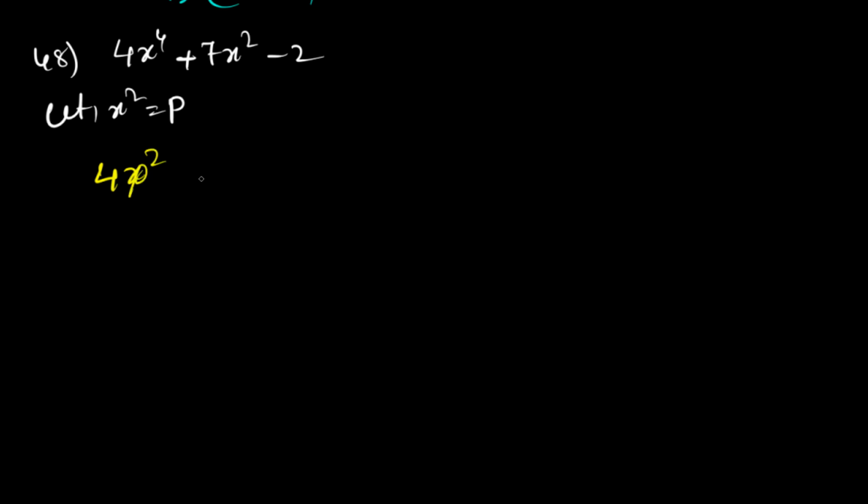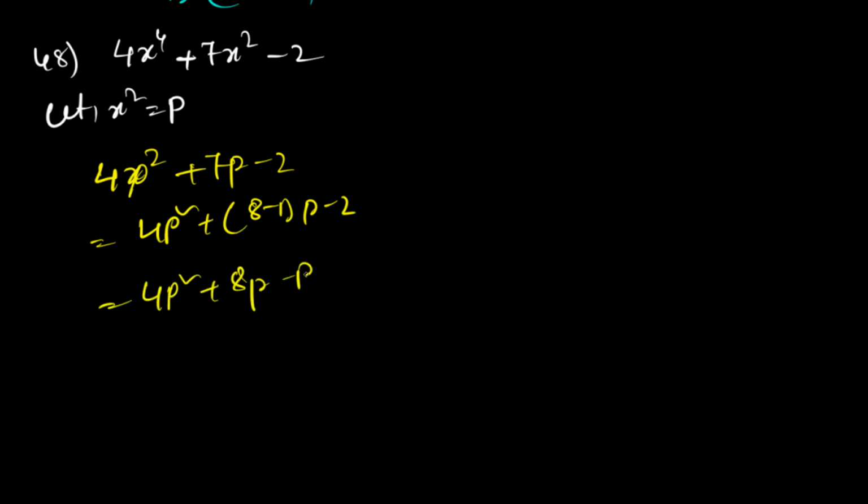Now the last question, question number 48. It's 4x to the power 4 plus 7x square minus 2. So I just need to do it. I can take x square as p. So we can write it's 4p square plus 7p minus 2. So it's 4p square plus 8p minus p minus 2.